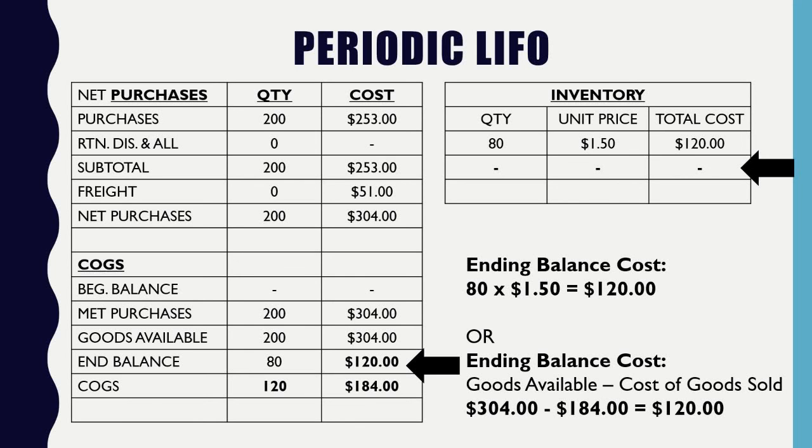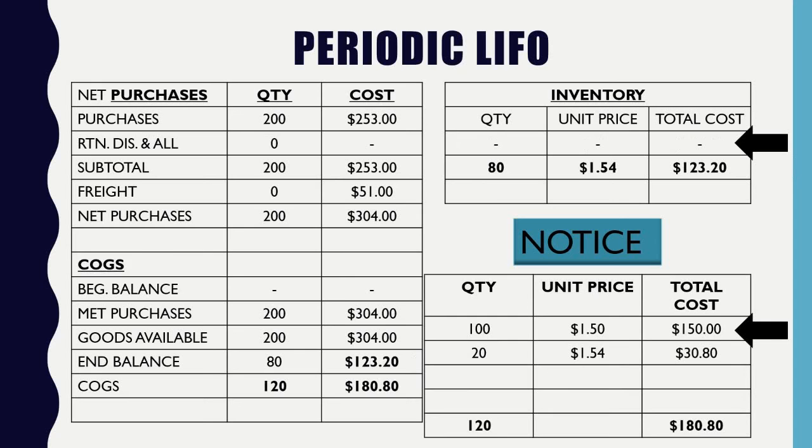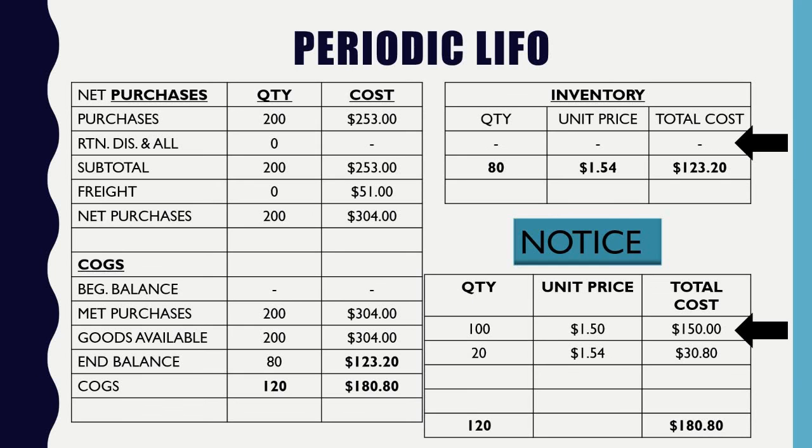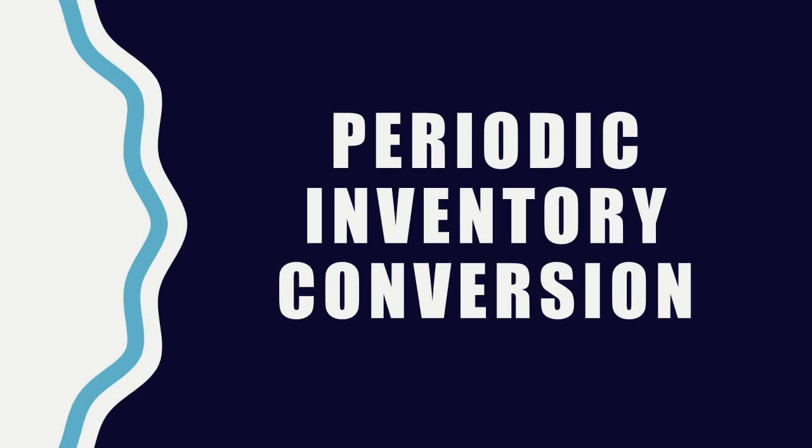I have no idea what happened to them. But I need to fix this slide because it's the wrong slide. It's supposed to be the 80 from the top, and it's calculated differently. All right, so I will revise that.